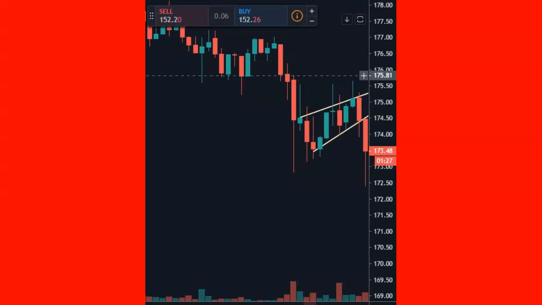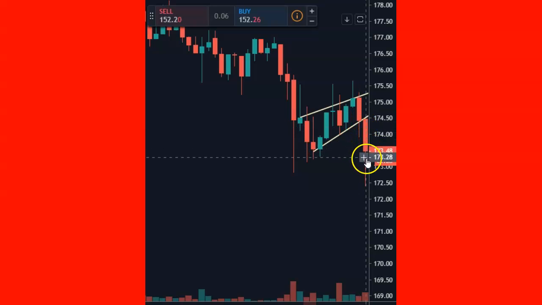Wow. Okay, yeah. This time I would have taken a position, but it would have been at the bottom of this candle at 173.90, somewhere around there. I would have taken a short position, and my stop limit would have been at the top of this wedge.